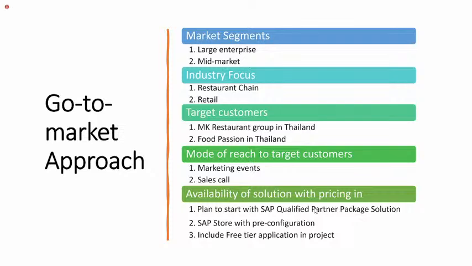The last one, we will separate into 3 packages: free, basic, and enterprise tier. Free tier will be included in the application in the project. It's the standard feature such as analytics and showing current store. If they need more features, they can purchase at the next one.